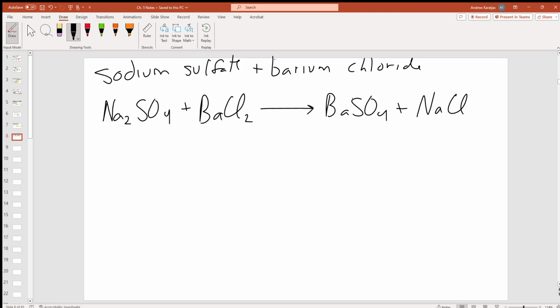And then we can balance this by putting a 2 in front of sodium chloride. So the first thing we need to know, are all of these compounds soluble?